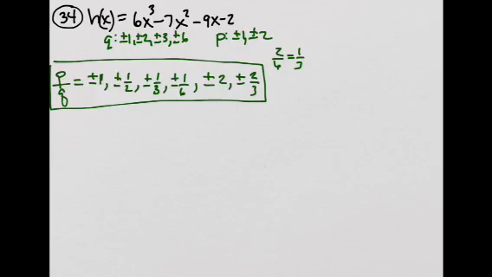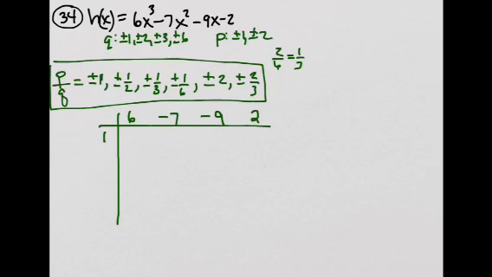And now we have to find the zeros. So let me set up synthetic division. I set it up because I don't know how many tries I have to do before I get the 0. So bring down the 6, and then 6 times 1 is 6, minus 7 is negative 1. And then negative 1 times 1 is negative 1, minus 9 gives me negative 10.